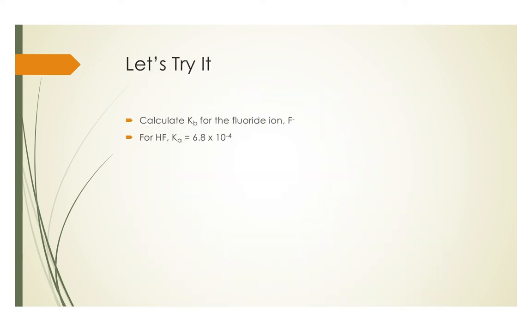It says, calculate the Kb for the fluoride ion. For HF, the Ka is 6.8 times 10 to the negative fourth. We can think of this as HF goes to H plus and F minus. So the Ka is for the forward reaction, and the Kb is for the reverse reaction.